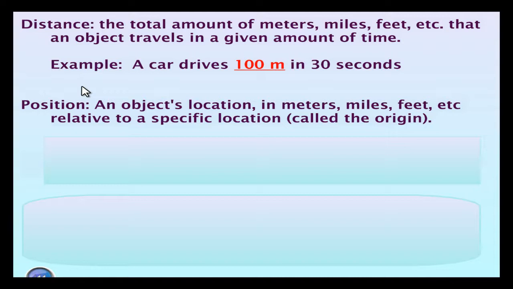Now the way position is different is the first thing that you have to have for position is an origin. Let's say the origin, the starting position, is your bedroom. If you get up and walk around your house and drive to Starbucks and get a coffee, and then you forget something and drive back to your house, and then drive back to school again, for your change in position, you wouldn't add up all those distances.